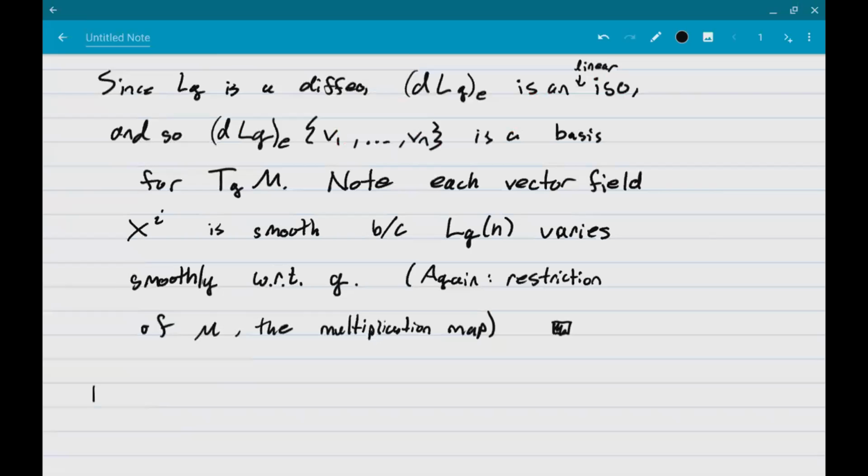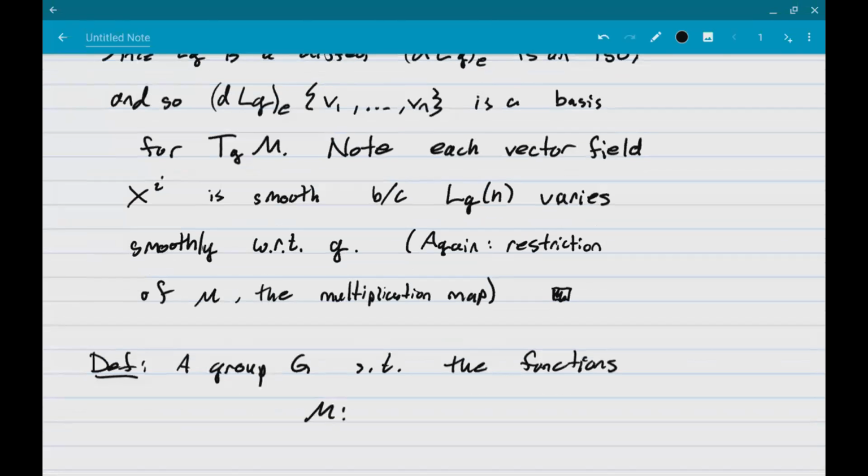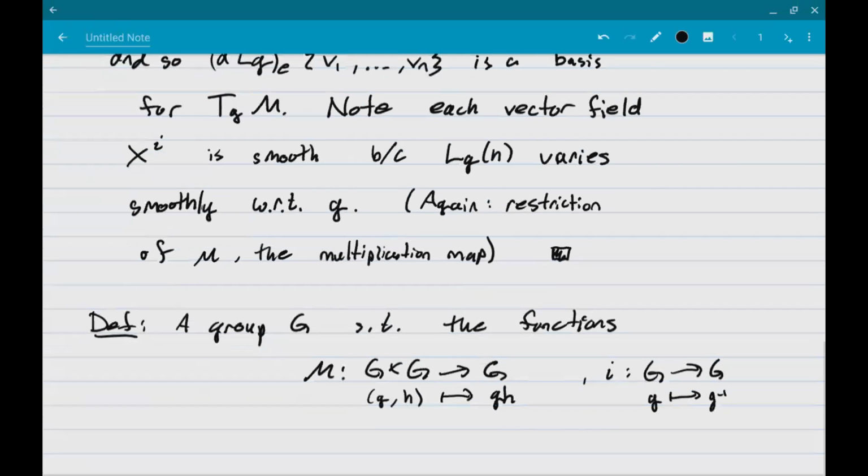Yeah, so the definition of a Lie group is that it's a group G such that the functions mu, which sends G cross G into G, where you send a pair (G, H) to the product GH, and i, which is a map from G to G, where you send an element to its inverse, are smooth.